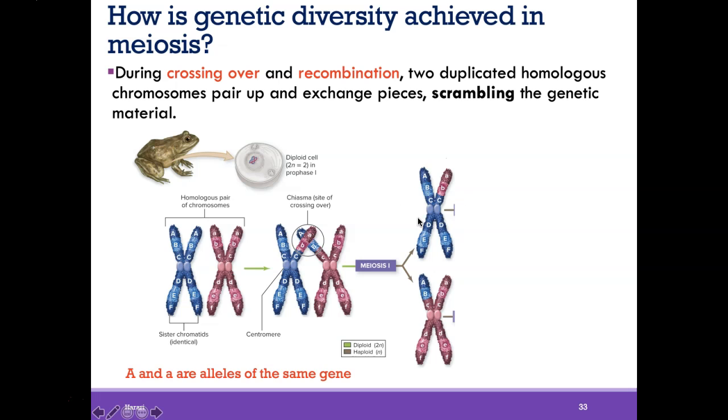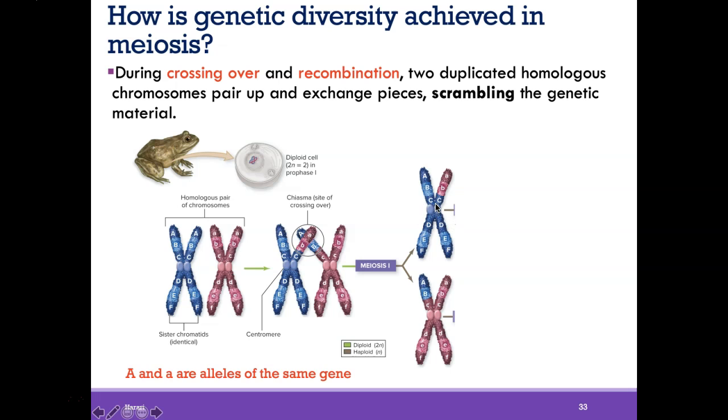So each of these cells is now haploid because it doesn't have 2 separate copies. This has 2 separate copies. This is diploid. We still have 2 separate copies. This is diploid. But now we only have 1 copy. Granted, they're mixed and matched, so they're a little different, but we call this a haploid.